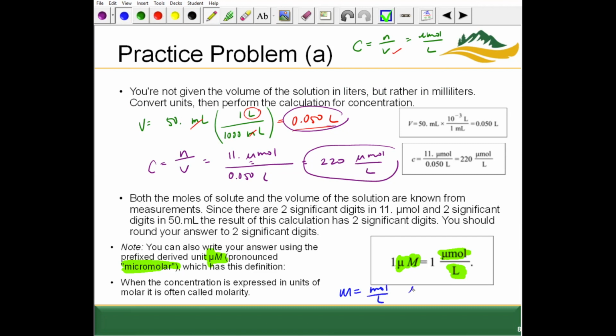If we have micromoles per liter, this part is still moles per liter, that's still molarity. Then to finish off this connection, we have this micro that is not accounted for in just stating molarity. Molarity again is moles per liter only and always. If it's micromolar, that means we have micro in the numerator. So that's micromoles per liter.